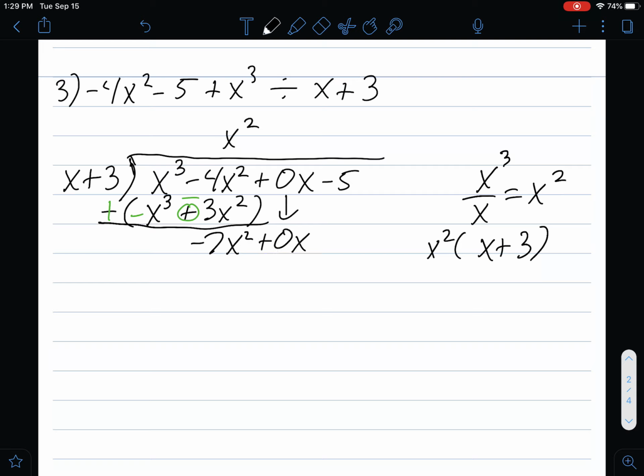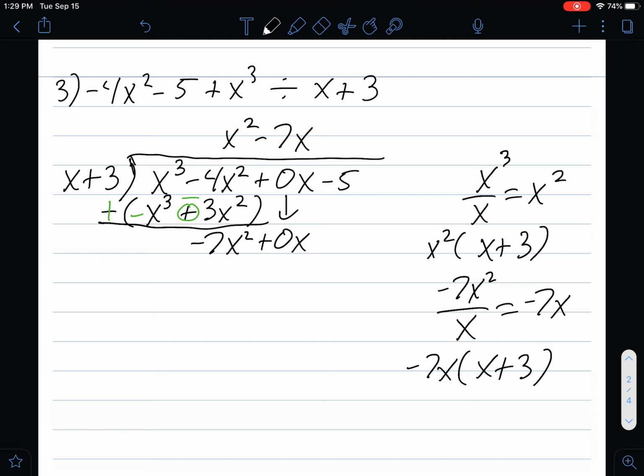And let's bring down this plus 0x. Again, that's the placeholder there. So now negative 7x squared, the first term, divided by x, the first term, is equal to negative 7x. So here we'll put a negative 7x, and then we'll multiply this negative 7x times x plus 3 to get negative 7x squared minus 21x.